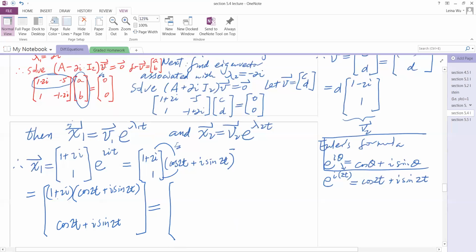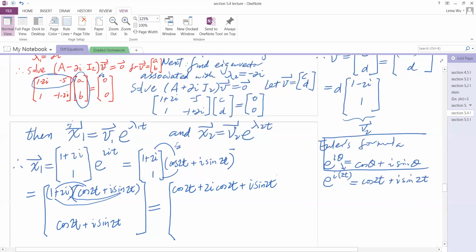Okay, now let's expand this, 1 plus 2i times cosine 2t plus i sine 2t. Expanding it, you're going to have cosine 2t, and then the imaginary part: cosine 2t plus 2i cosine 2t, and then plus i sine 2t.